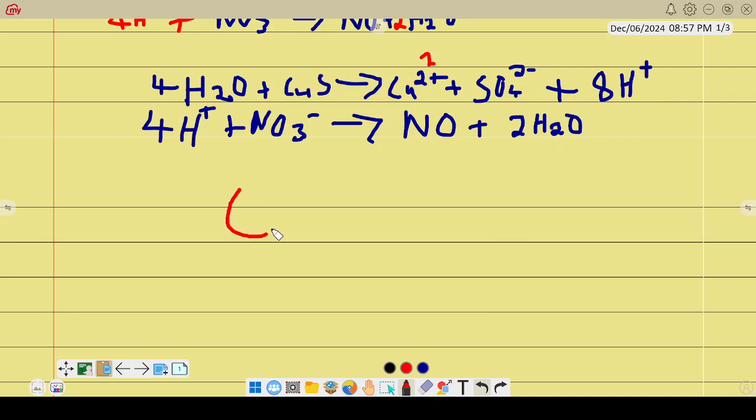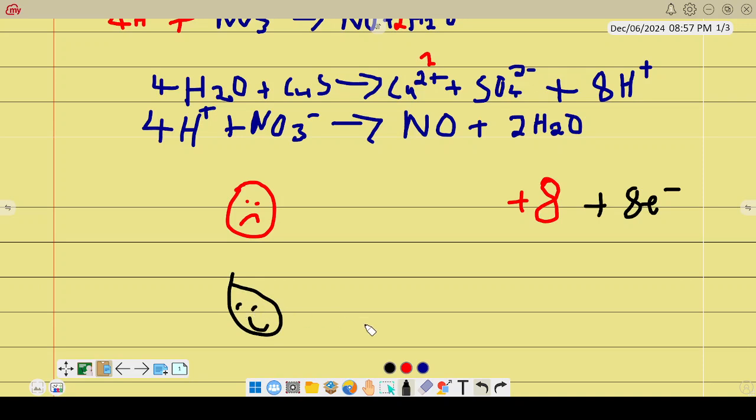So on one side the charge is 0. It feels so sad, you see, but on the other side the charge is 8. I'm sure it's even smiling like, yeah, me I'm 8. So now remember we balance the charge by putting electrons where the charge is greater. Since here we have positive 8, we're going to introduce 8 electrons so that they are neutralized, so that this guy can become happy.